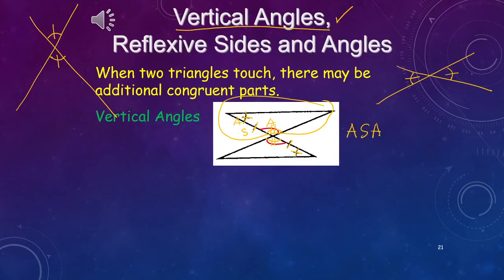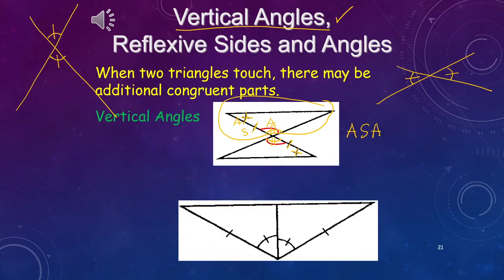There you go. They are vertical angles and they are congruent. This time, let's have this figure. This is now what you call reflexive property. Is there a line, a side common to the two triangles? Meaning, a line in the middle of the figure. Isn't it common? This is a side of this triangle.